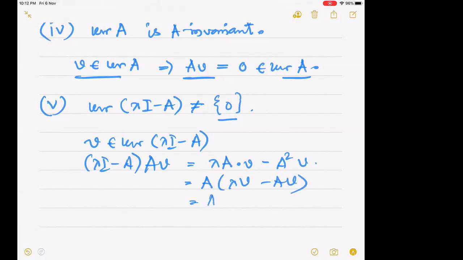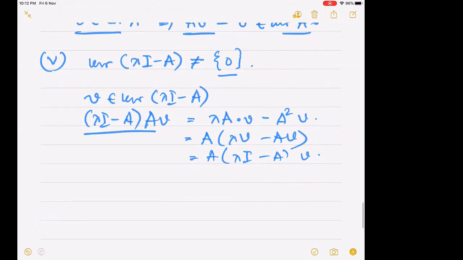This is A into lambda times identity minus A into v. What has happened is the sequence in which I have written these two operators has changed. This is going to be crucial for us, that A actually commutes with lambda I minus A.